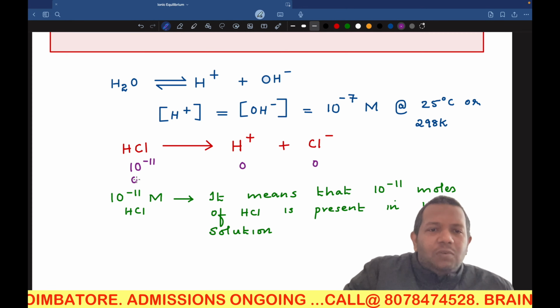Now I got the total H plus ion concentration. So how to calculate pH? We know its formula. pH is equal to minus log H plus ion concentration.